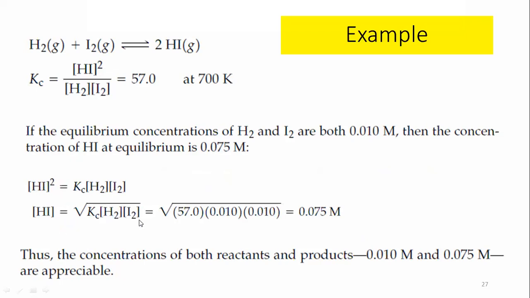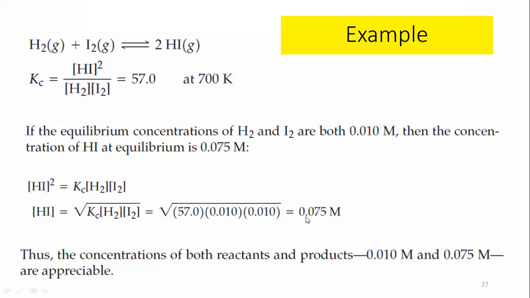You can take the square root of this and put the value of the equilibrium constant, and the concentrations of both are given over here, 0.01, 0.01. And the value of HI is 0.075. And this is also given over here. So you can calculate the value of the product, and the reactant concentrations are given over here. The equilibrium concentrations are given, and this is the concentration of the product.